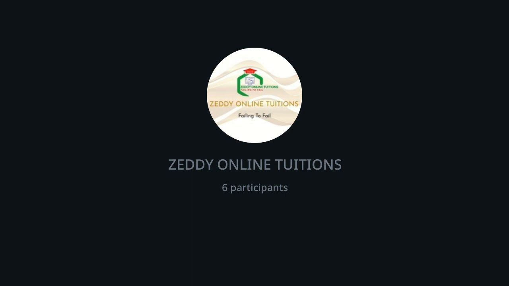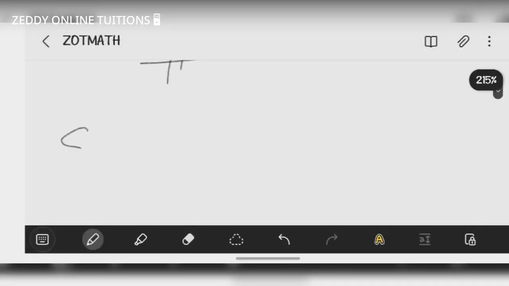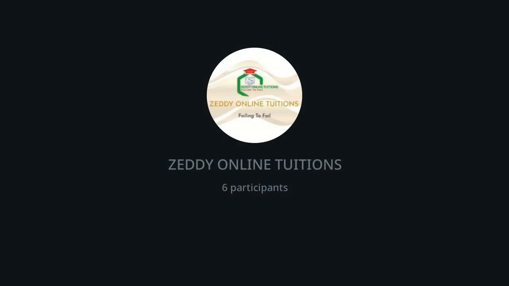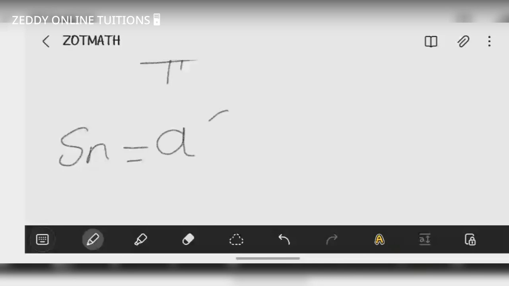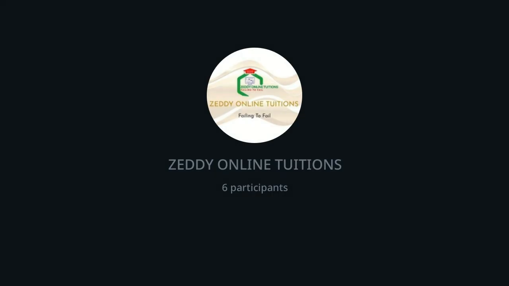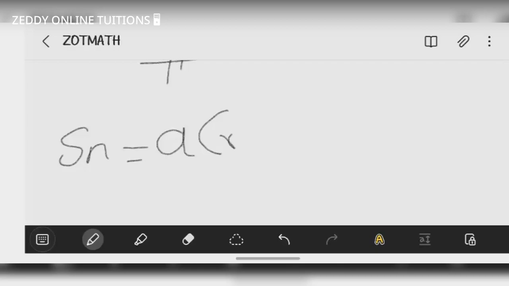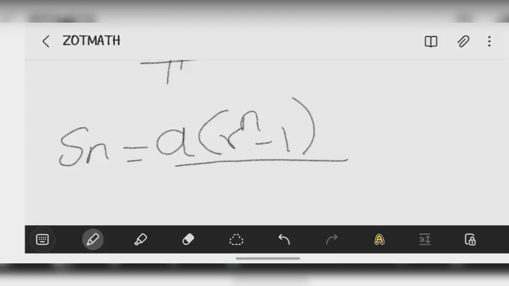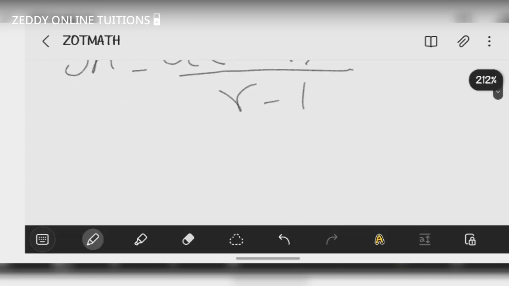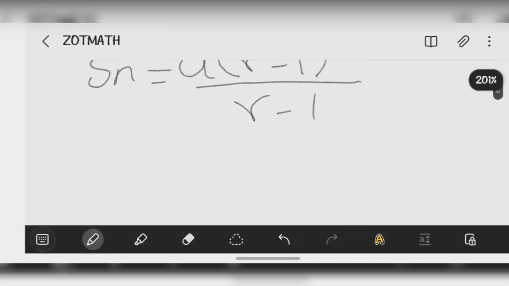So we say Sn, denoting the sum, is equal to the first term multiplied by, open bracket, R to the power n minus 1, close bracket, then divided by R minus 1. That is finding the sum under GP. Under AP, it's a little bit different as well.